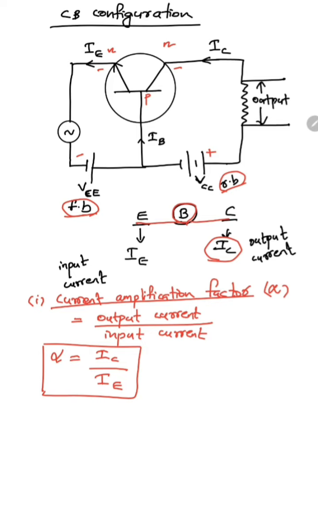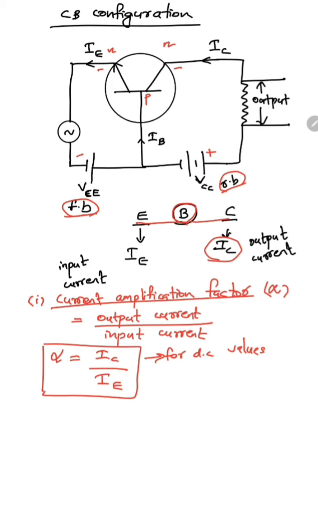But you have to be careful that here we have taken only the steady current values or DC values. So this equation is valid only for DC values of current. We know that for DC values we have a fixed value of current. But in the case of AC values, we have to see the changes, or AC currents.